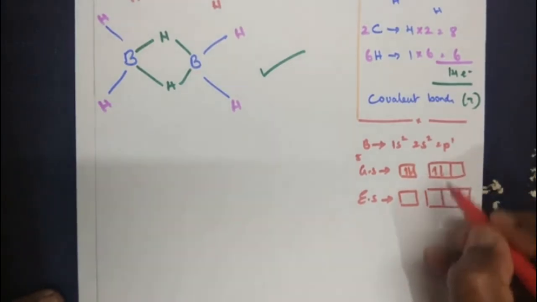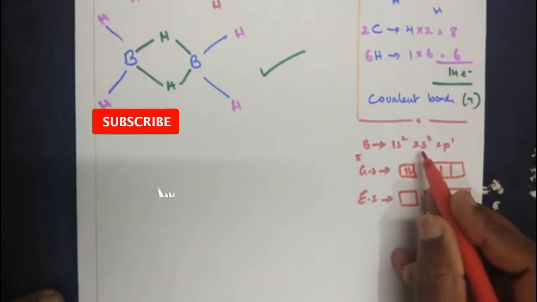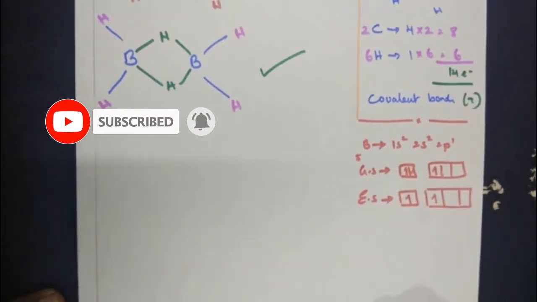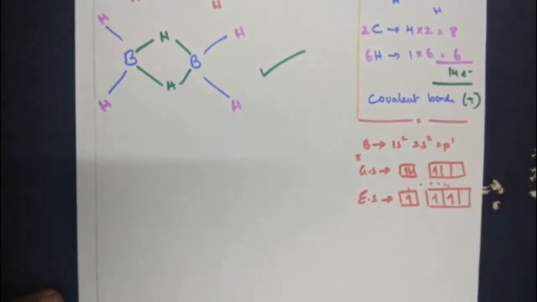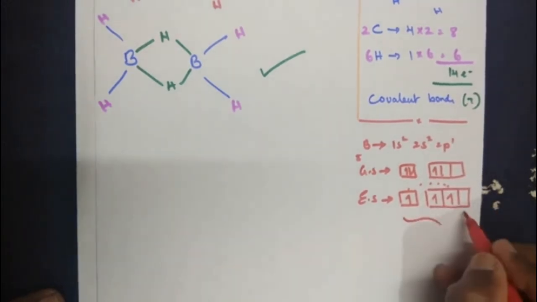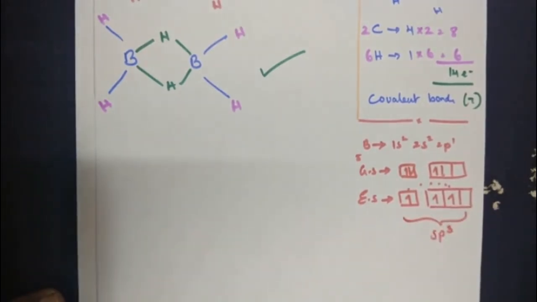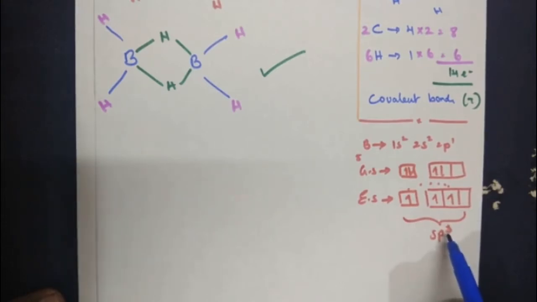So 1 electron from the p orbital comes in as it is. Out of the 2s2 electrons, a completely filled 2s orbital, one electron remains here, the other electron gets shifted to the empty p orbital, thus making a way for sp3 hybridization. The proof here is that only 3 half-filled orbitals are there. So it should be sp2, but we are saying sp3 hybridization takes place including the empty p orbital.